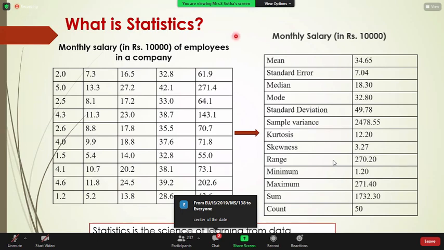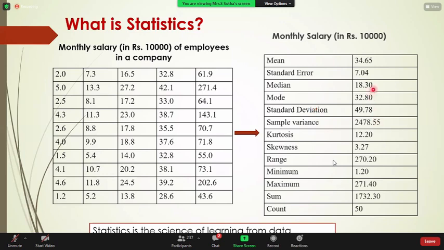The center of the data. Now you have to explain it, right? What is the meaning of 18.30?